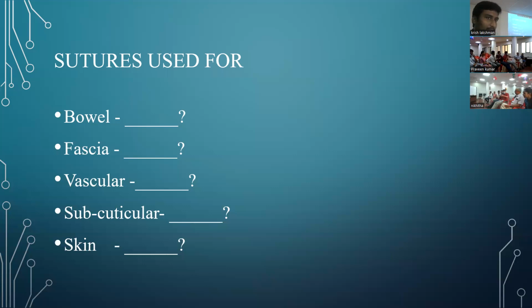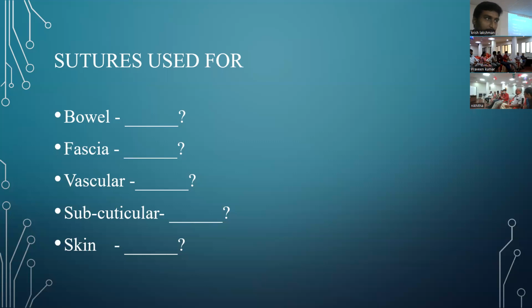Let's pick it up. Absorbable. Okay, absorbable accepted. Or you can use non-absorbable if you're planning to remove the suture. You want monofilament or polyfilament? That becomes important here. Have to slide through tissue easily.